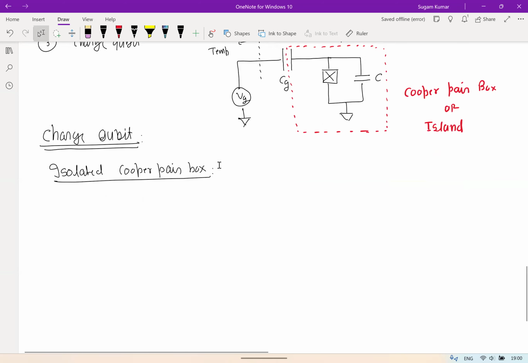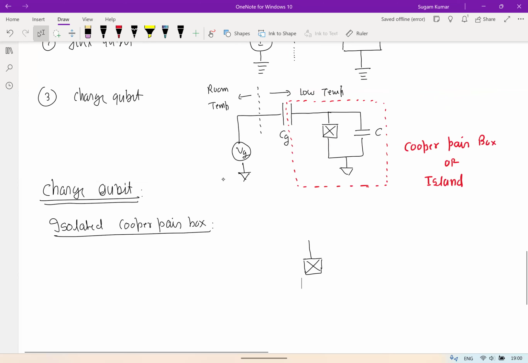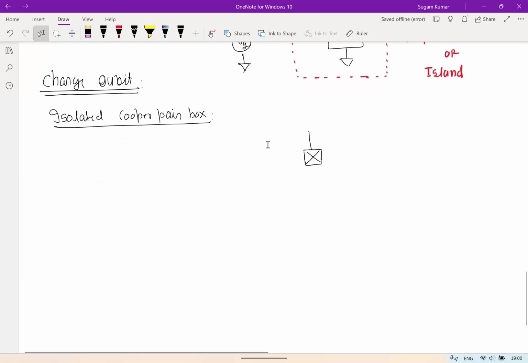I will draw this structure separately, and then we will discuss in detail. In principle, here you can see I have included the CG also, half of that part, but at the moment I will ignore that part, and I will just let you know how this Cooper pair box is going to work.